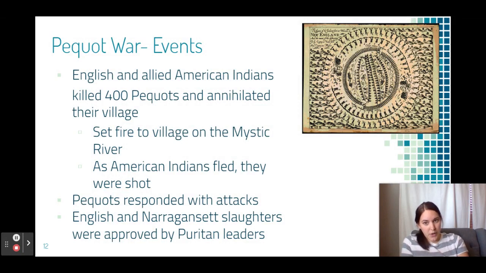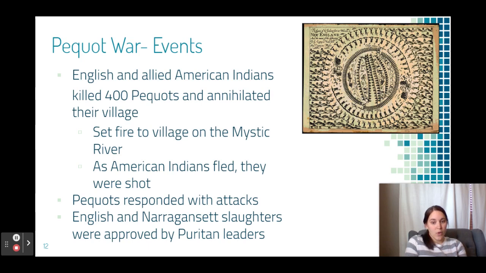So during this war, the English and their allied American Indians end up killing 400 Pequots, and an entire village ends up being annihilated. You can see that in the image I've included there, a drawing of what happened with the Europeans and their allies surrounding the Pequot village. They ended up setting fire to it, and as American Indians fled, they were shot.